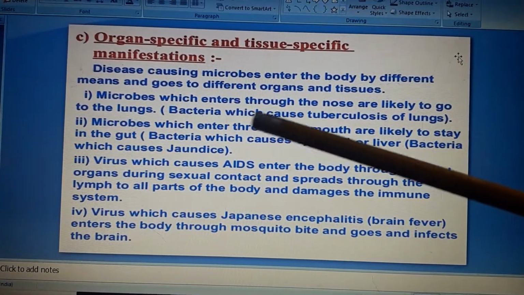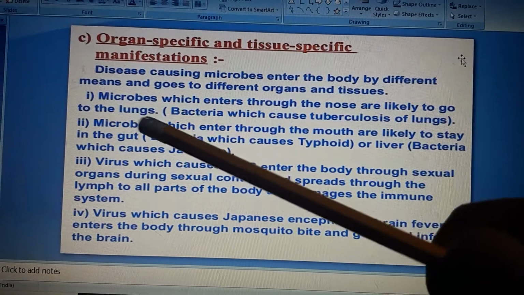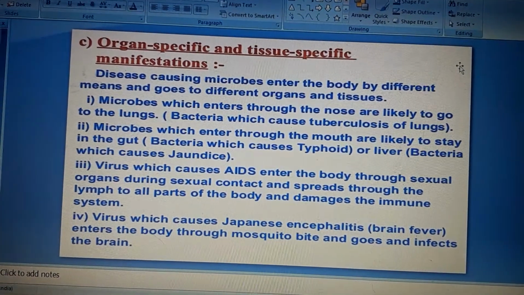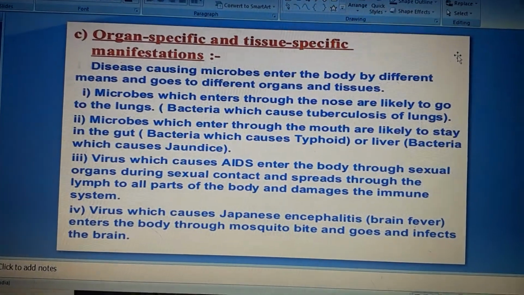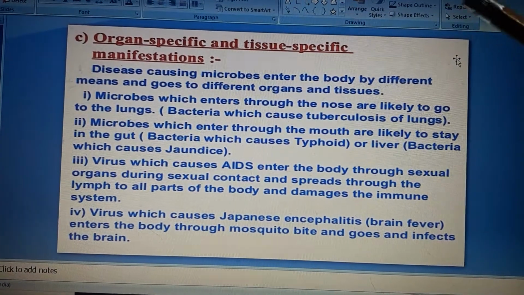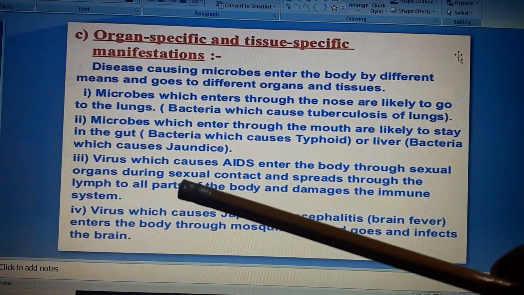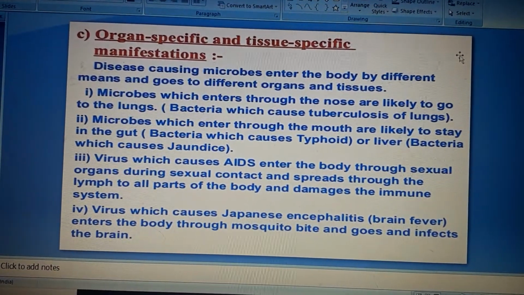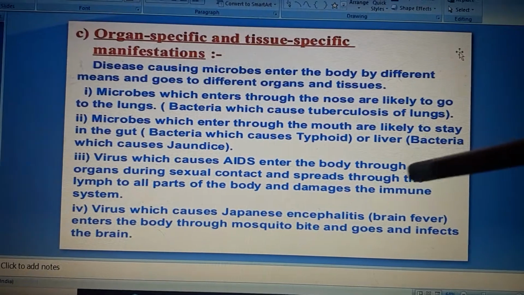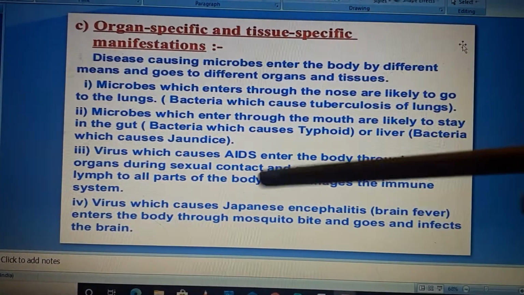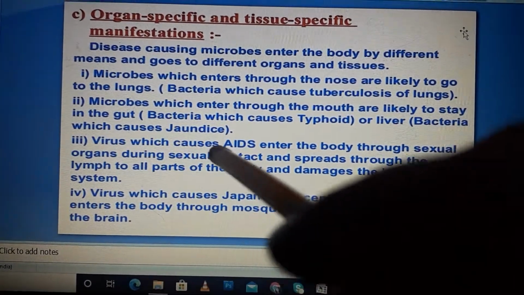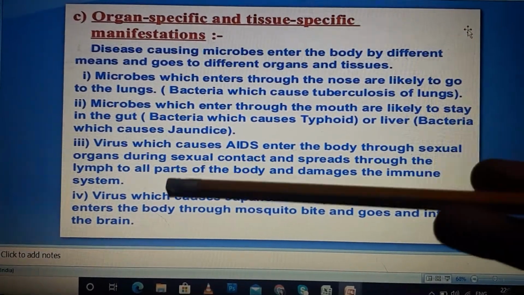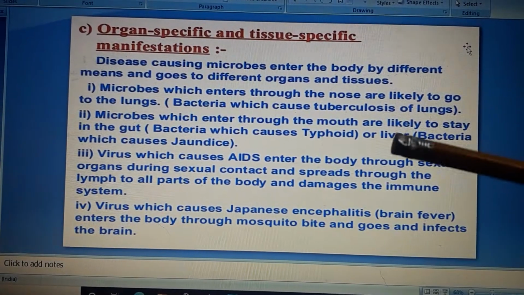Microbes which enter through the nose are likely to go to the lungs, like the bacteria which cause tuberculosis of the lungs. Microbes which enter through the mouth are likely to stay in the gut, that means the intestine. Bacteria cause typhoid. In the liver, bacteria cause jaundice.